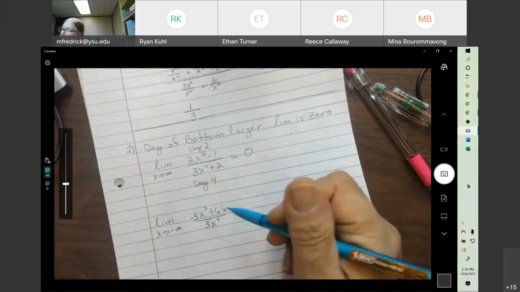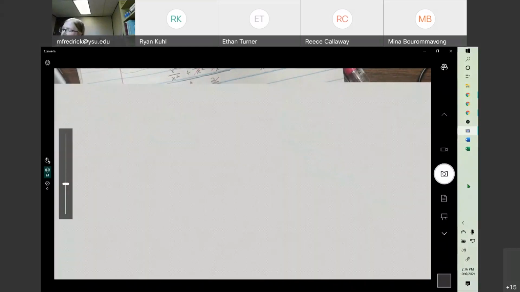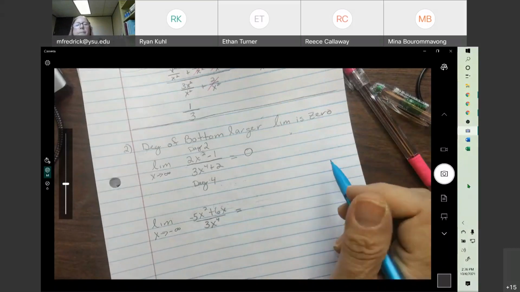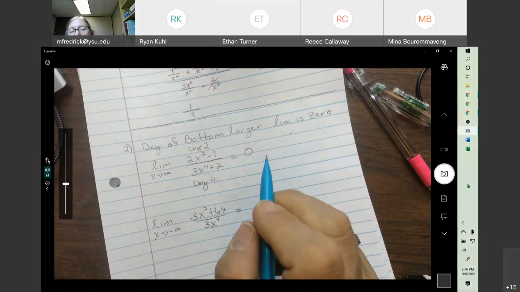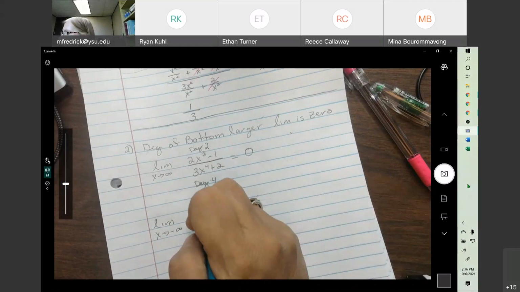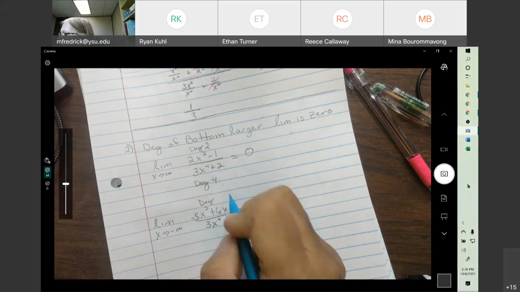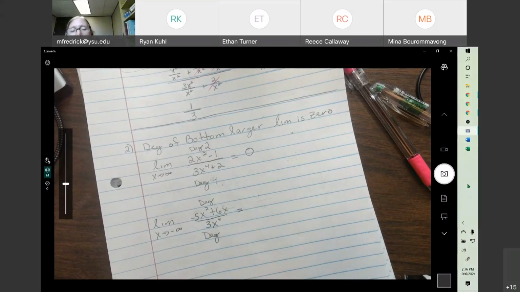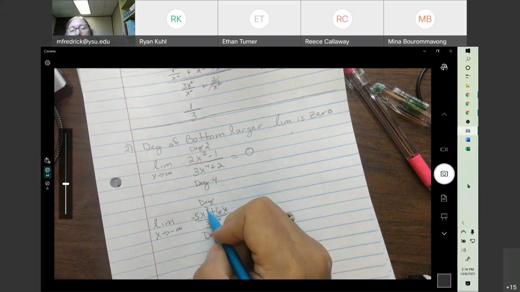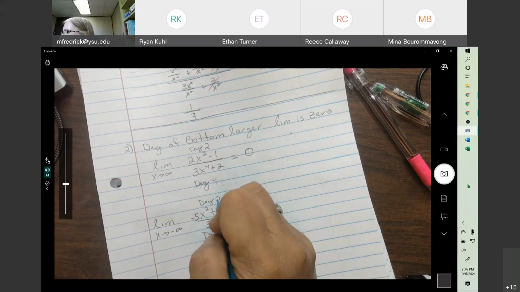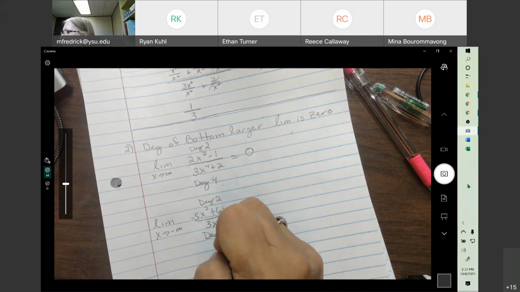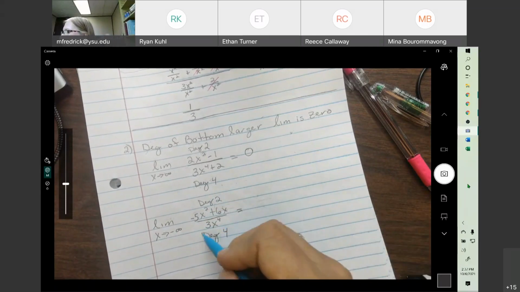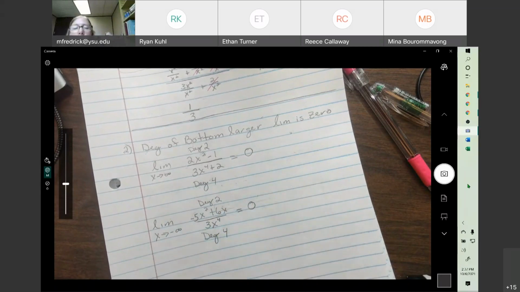So negative 5x squared plus 6x over 3x to the 4th. Degree of the top and the degree of the bottom. The degree of the top is 2. The degree of the bottom is 4. The bottom is larger, the limit is 0. Any questions on that?